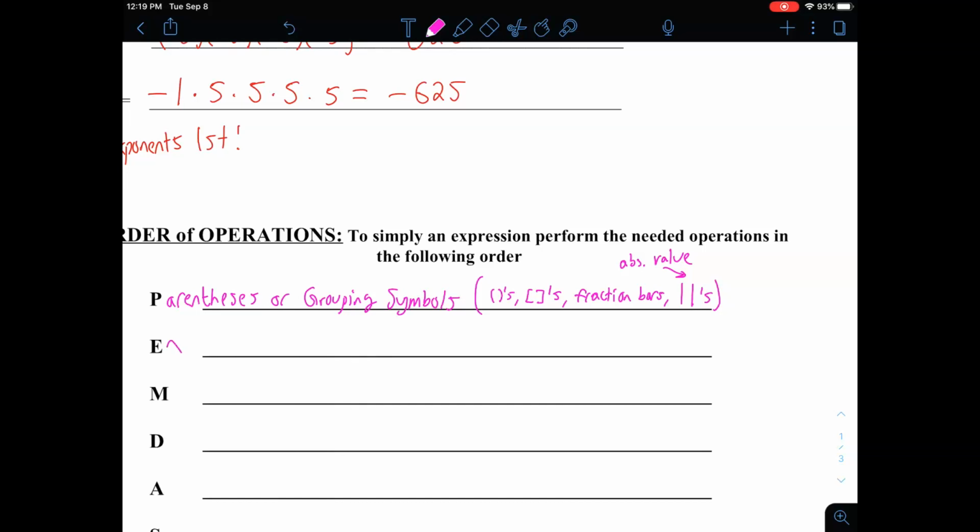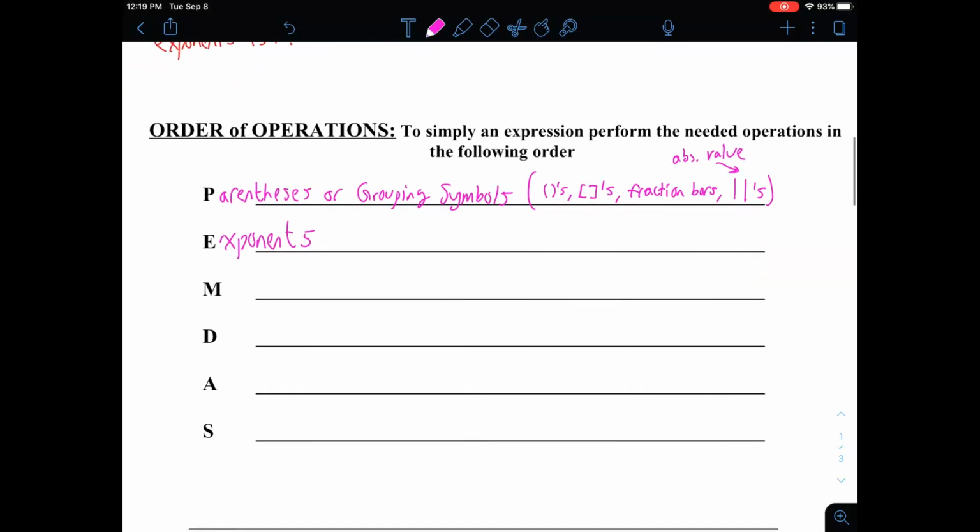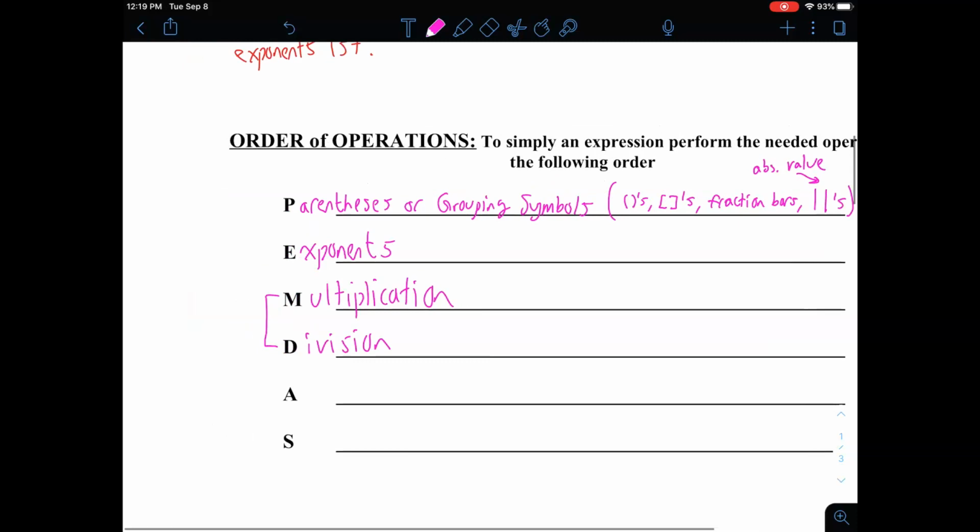Okay? What does E stand for? E stands for exponents. M stands for multiplication. Pause for a second, let you catch up. D stands for division. What do we need to be careful about with multiplication and division? I'm going to put a little side note over here with these.